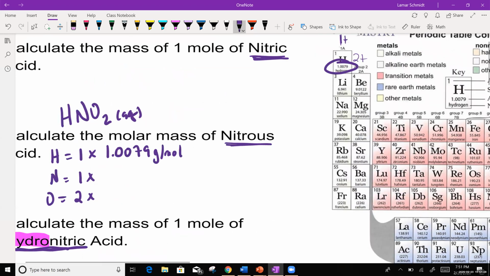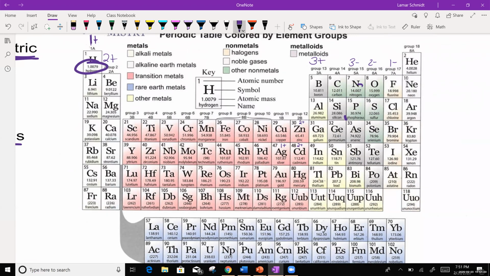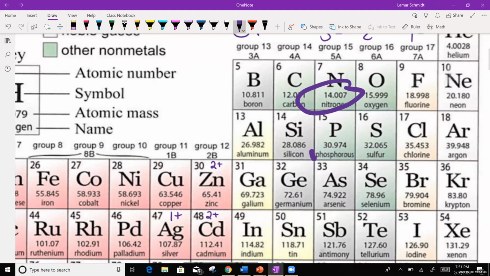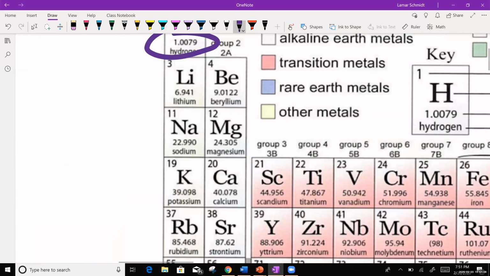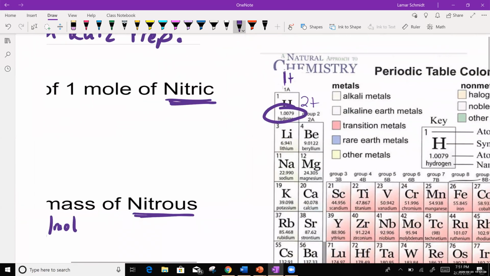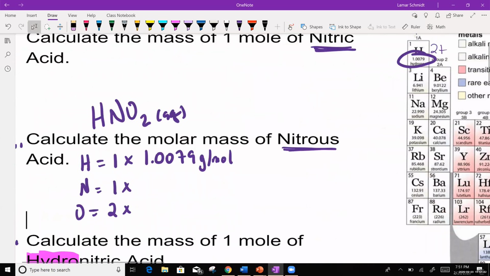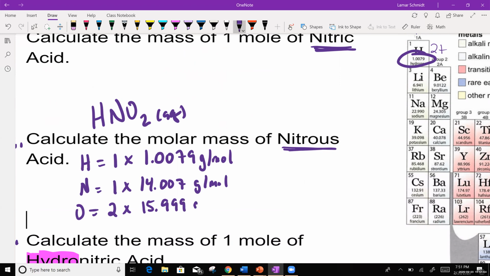We go over here to nitrogen, and we see that it is 14.007 grams per mole. And oxygen, found on your periodic table, is 15.999 grams per mole.